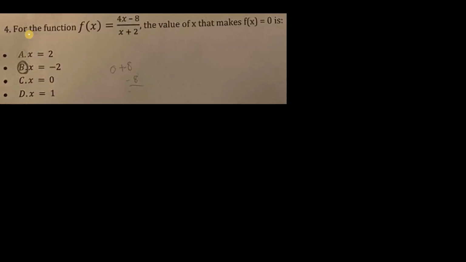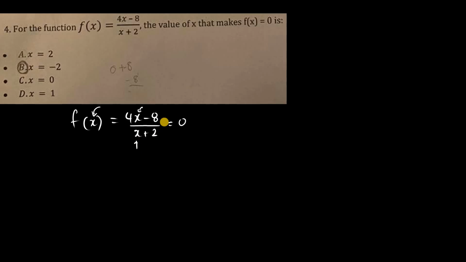Number 4, for the function f(x) equals (4x - 8) all divided by (x + 2), the value of x that makes the function f(x) equal 0 is, all right, so what is this saying? This is saying what value will we enter as an input value such that when we enter that value, the result will be 0.